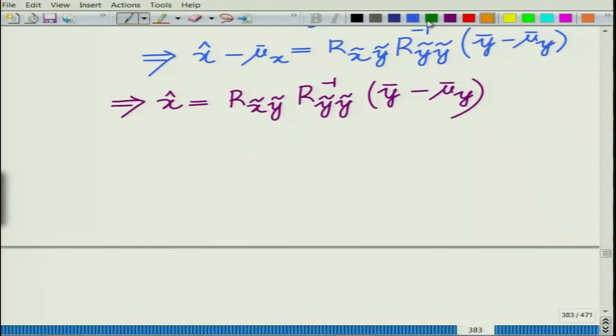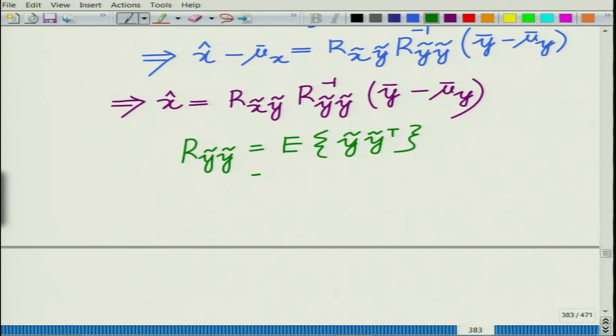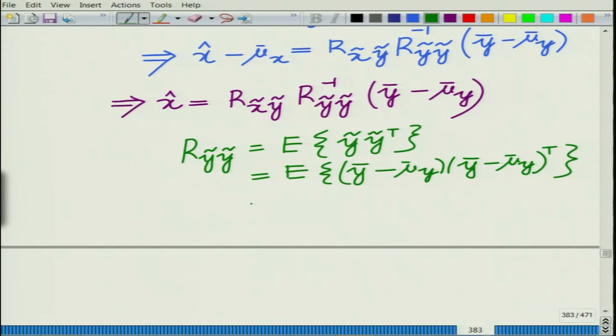And it is very easy to see that R_y tilde equals the expected value of y tilde y tilde transpose, which is nothing but the expected value of (y bar minus mu bar y) times (y bar minus mu bar y) transpose, which is nothing but R_yy, the covariance matrix of y bar.